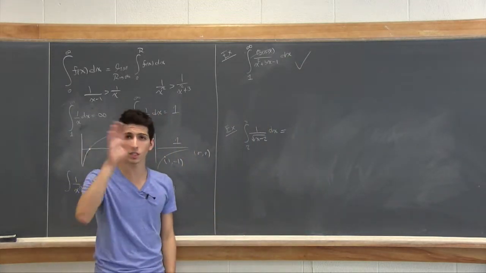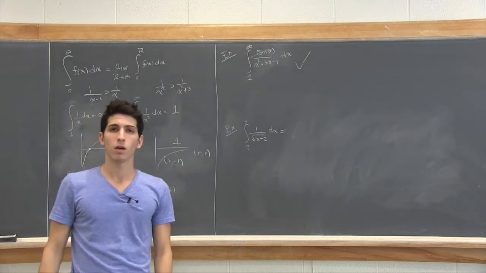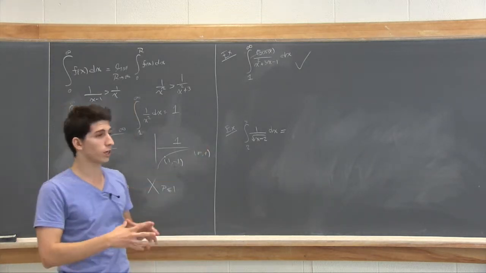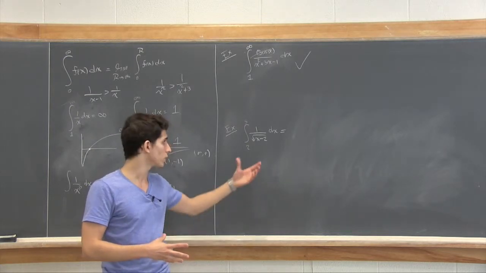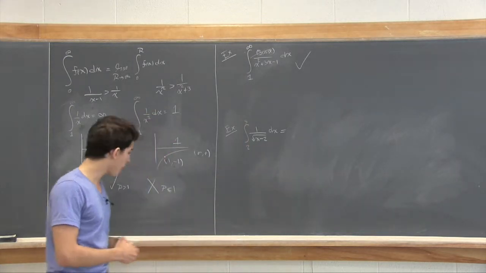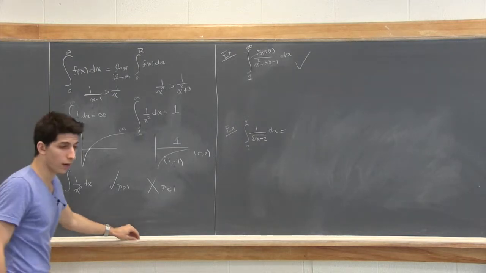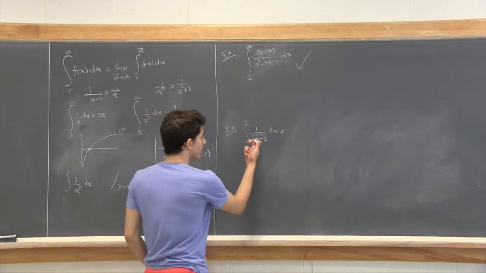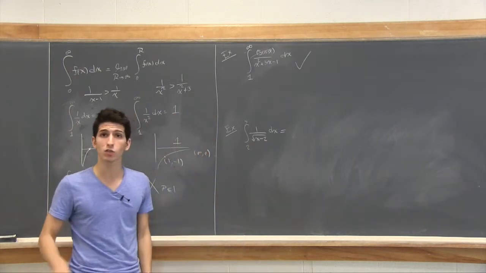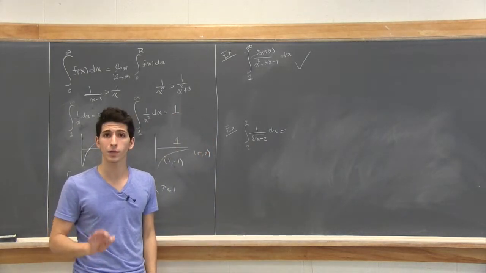Now let's go ahead and look at the other class, basically the other case where infinities come into play, namely having discontinuous integrands. Okay? So we have the integral of 1 over root x minus 2 from 2 to 5. The problem is that at 2, this thing is discontinuous, so we're not allowed to evaluate it at 2.